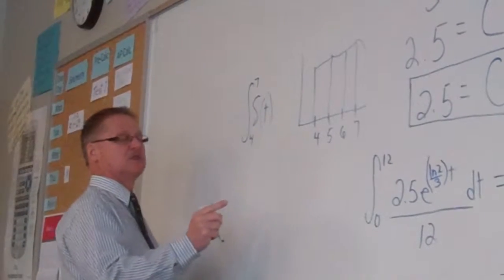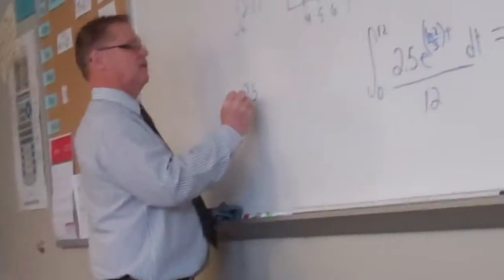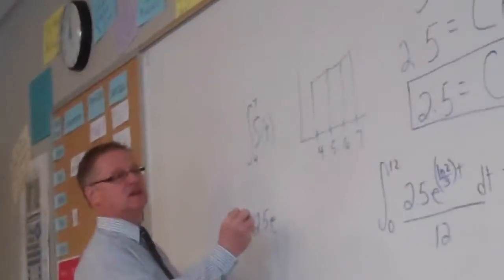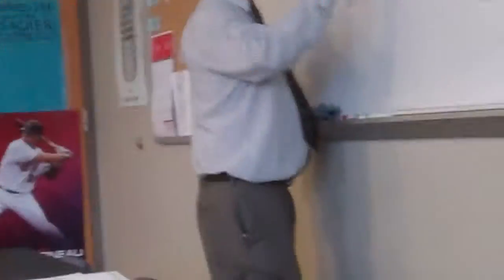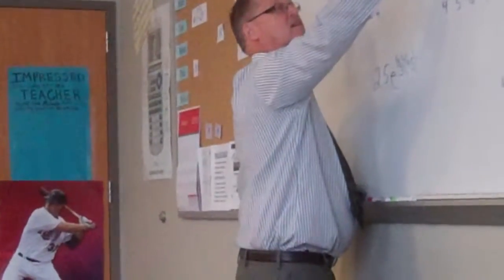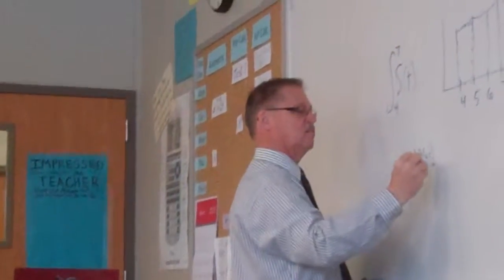Yeah, Riemann sum. So we just put in 4.5, 5.5, 6.5. 2.5 e to the ln of 2 over 3 times 4.5. That'll tell us the height right here and get us our first rectangle.